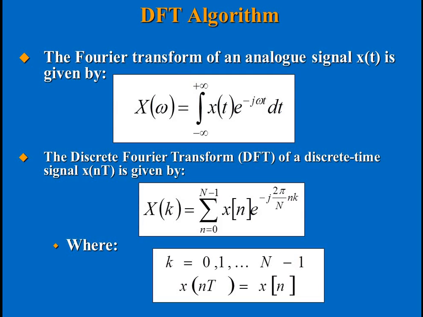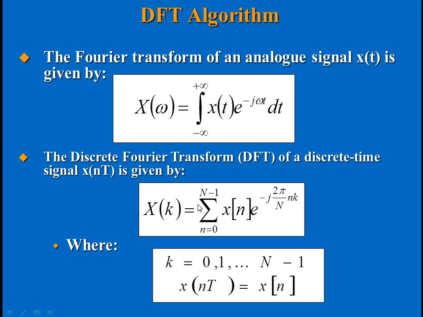We know the formula for DFT: X of k equals summation n varies from 0 to N minus 1 of x of n e power minus j 2 pi by N into nk, and we know the limits for both k and n vary from 0 to N minus 1.